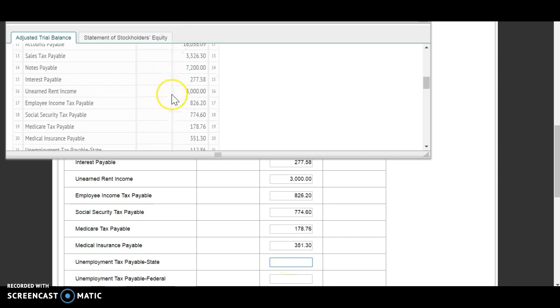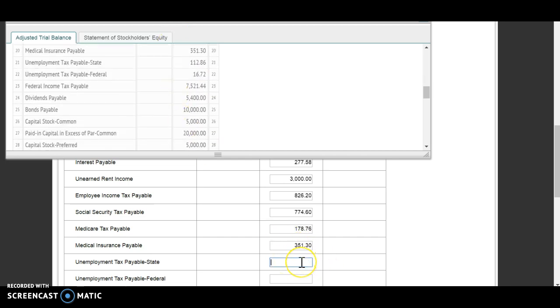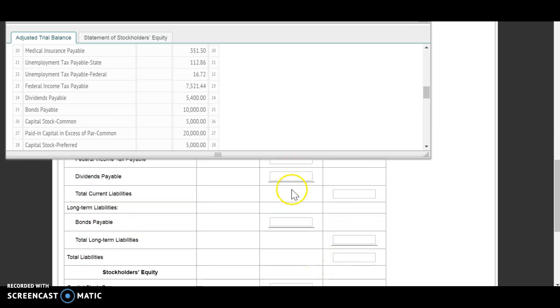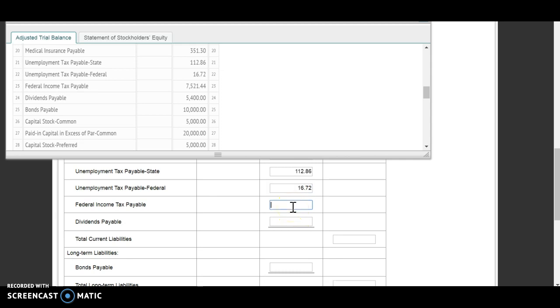Unemployment tax payable state, $112.86. Unemployment tax payable federal, $16.72. Federal income tax payable, $7,521.44. And our last current liability is our dividends payable, which is $5,400.